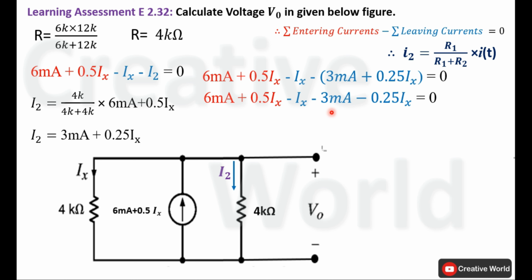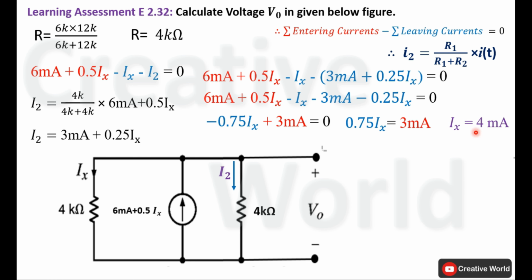Solve this equation by separating variables from constants. The summation of all variables will become minus 0.75 Ix and the result of 6 milliampere minus 3 milliampere will become 3 milliampere. Now place this variable on the other side of the equal sign to make it positive. 0.75 Ix is equal to 3 milliampere. Divide both sides by 0.75 to calculate the value of Ix, that is 4 milliampere.